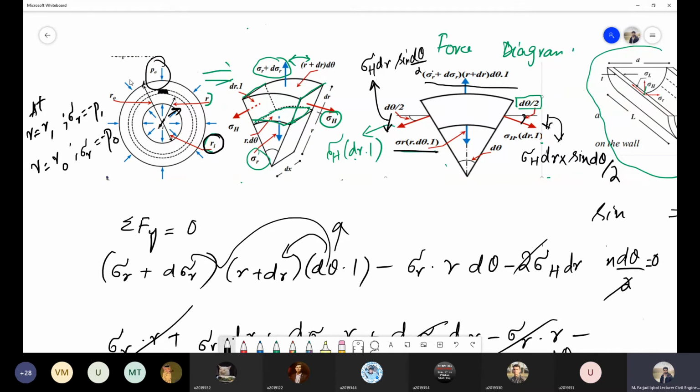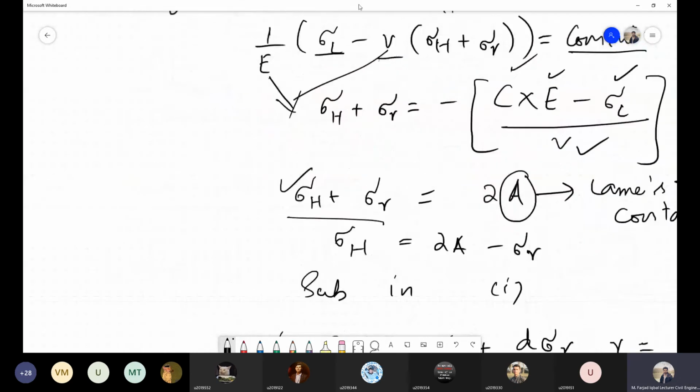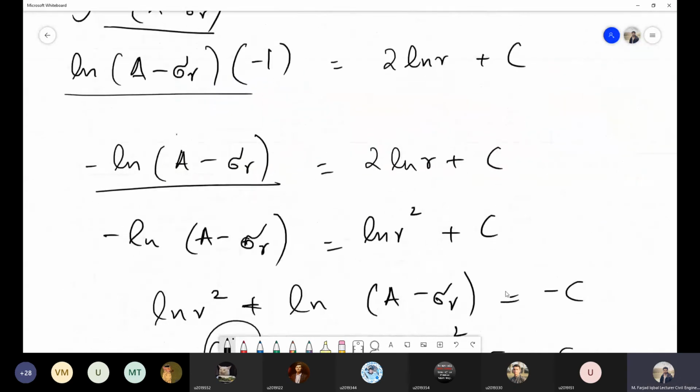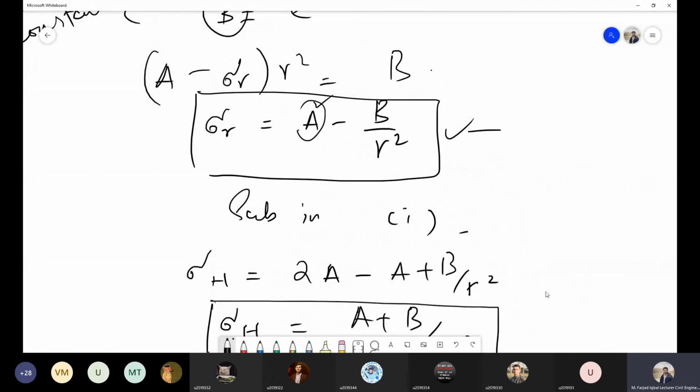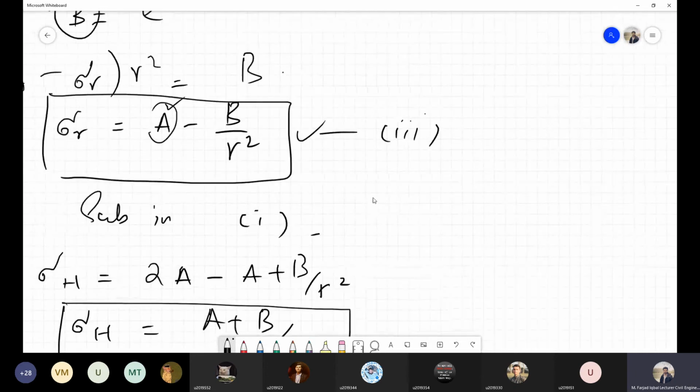Now these are my two boundary conditions, and I substitute these boundary conditions into my equation number 3, or this equation, let's call this third. I'm just writing it over here.